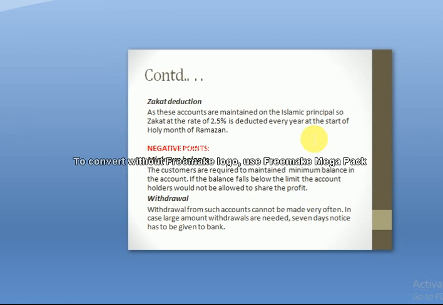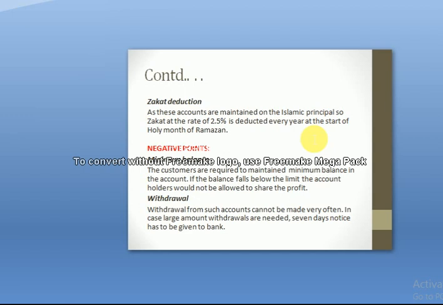The account holders are restricted. They can't withdraw money any time. When they want to withdraw money from this account, a 7 days' prior notice should be given to the bank, and after that the bank will allow the account holder to withdraw the money.